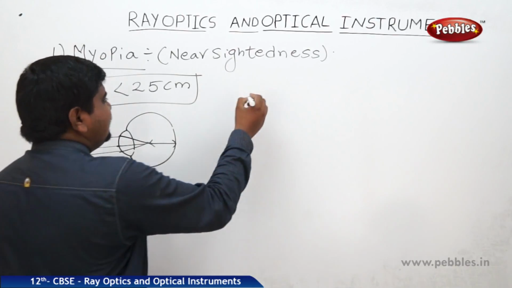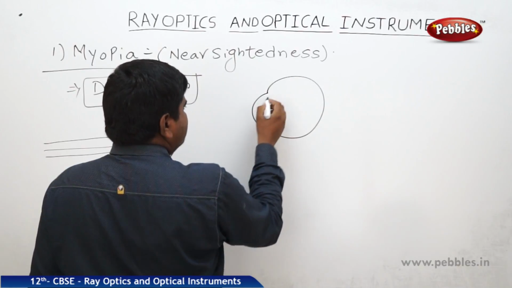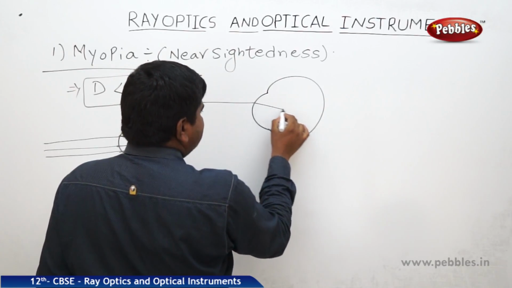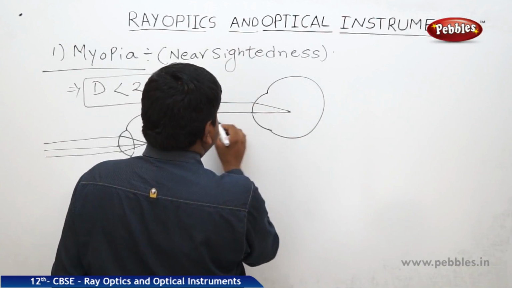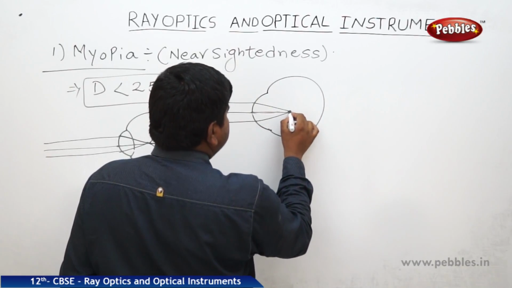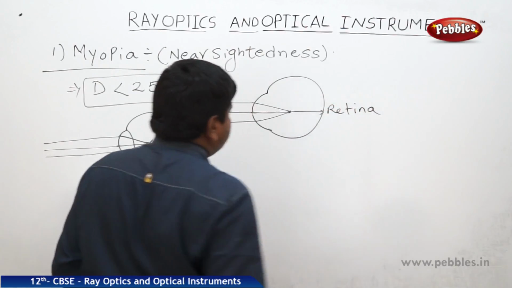The diagram will be like this. The light rays are converging in advance, in front of the retina. So what should we do?